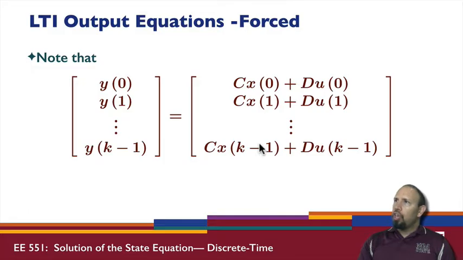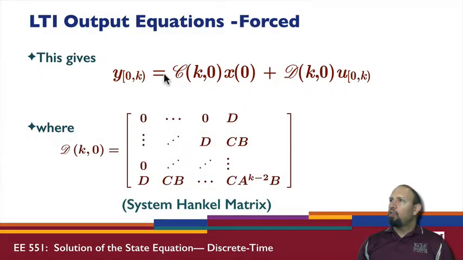And we can go through and show that the forced response looks like this: C times x naught, so the output map times x naught, plus this guy times the input. So this is what may be called the direct feed-through term, and this is actually a matrix that is sometimes referred to as the system Hankel matrix.